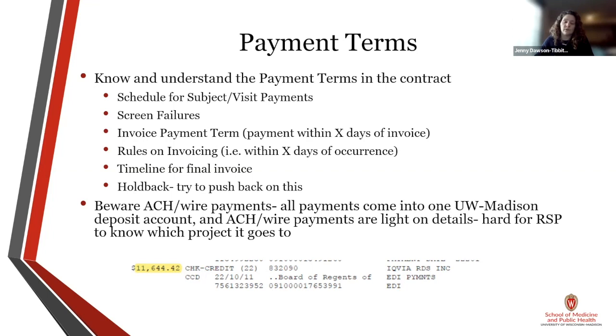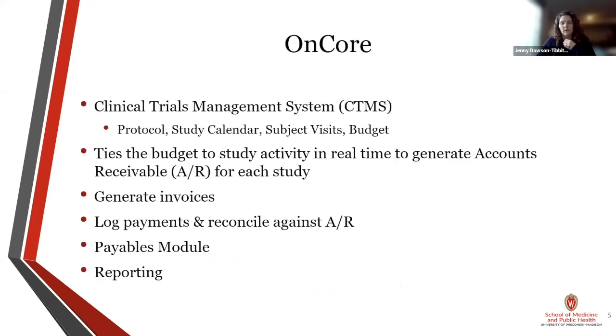So we usually get a couple emails a week or every couple of weeks from Ellen at RSP asking us if we know where this payment goes, and we check and see if we have an invoice that matches the dollar amount, and if not, we reach out to IQVIA and say, what is this for? Sometimes it's for us, sometimes it's not for us. So it can be hard for RSP to process those, so just be aware of that.